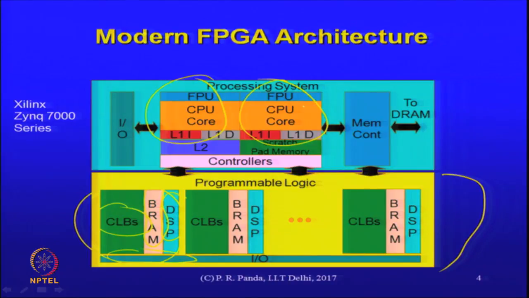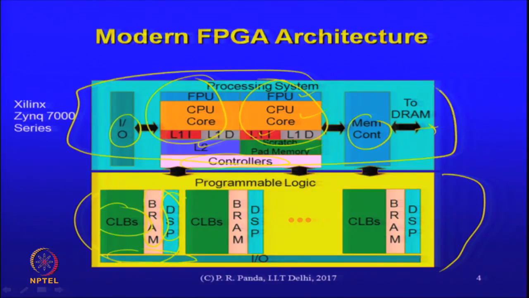These are not programmable in the sense of hardware being programmable, right. So, this is a floating point unit, CPU pipeline, L1 cache, L2 cache, a scratch pad memory, standard controllers and peripherals and so on, memory controllers.